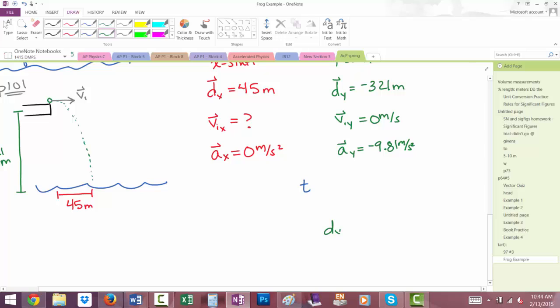Here we go. dy equals vyt plus 1/2 ayt squared. Can you solve that for time? Yes. Have you done that problem already today? Yes, we did it with a frog about 15 minutes ago. Go ahead and do it. Find the time.